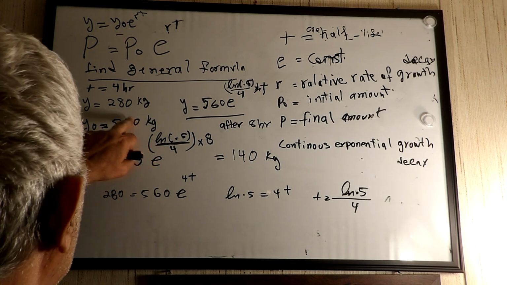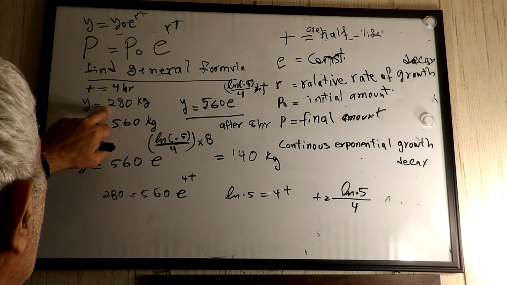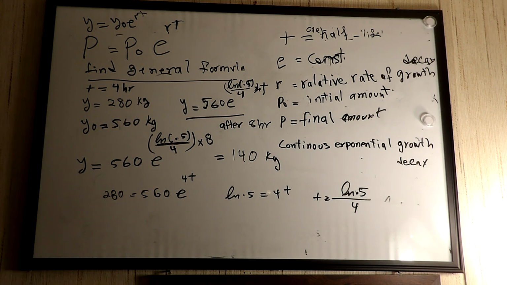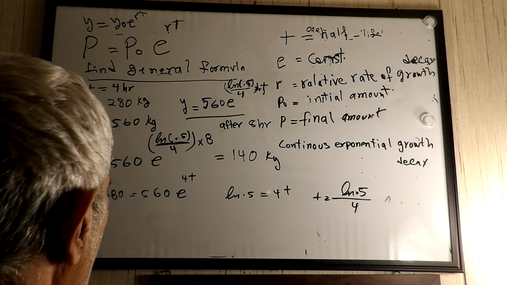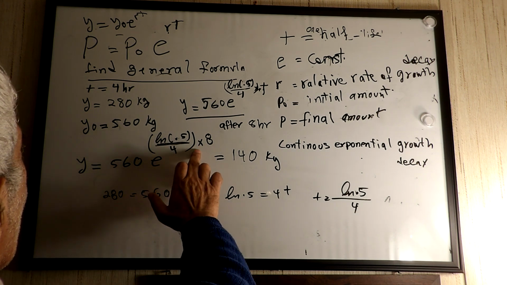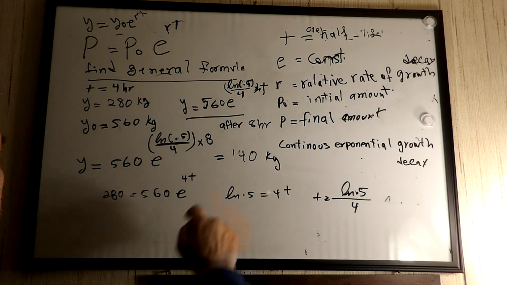The initial amount was 560. It's got 280 at 4 hours in half-life. The half-life is the time interval it takes for one half of the original amount to decay. But at 8 hours, it's going to be less than this. So we got 140.